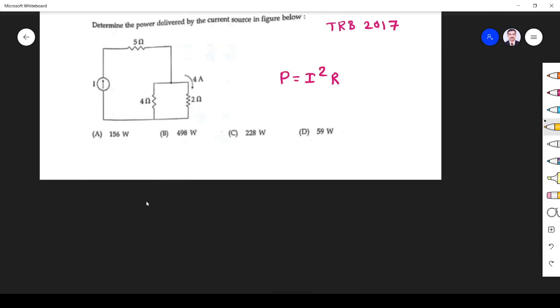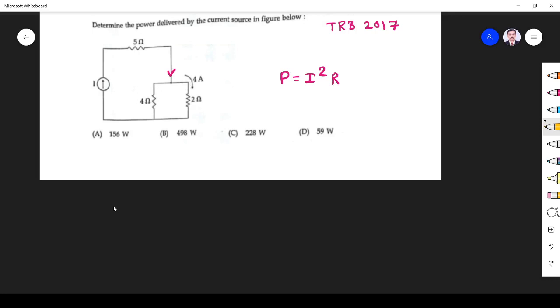If you take here, this current is divided among these two. So I find what is the current flowing through this. Here this is 4 ampere, and I want to find the current.